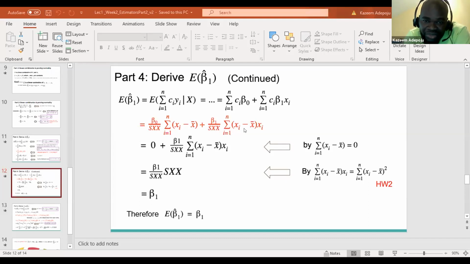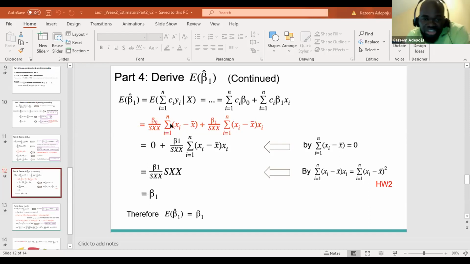Can you see that now? Now look at what I have here. Can somebody tell me what the sum of xi minus x bar is?